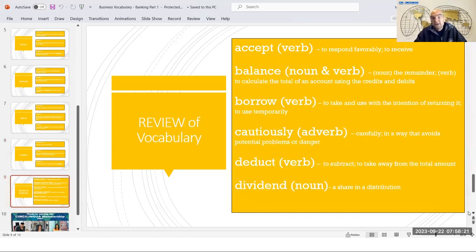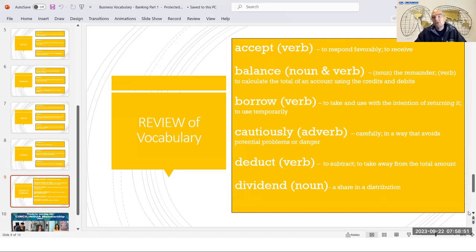Okay, so we have looked at 6 vocabulary words in this lesson. The first word that we looked at is a verb. Accept means to respond favorably. It's the opposite of to reject. I also just noted that the noun form of this verb is acceptance.